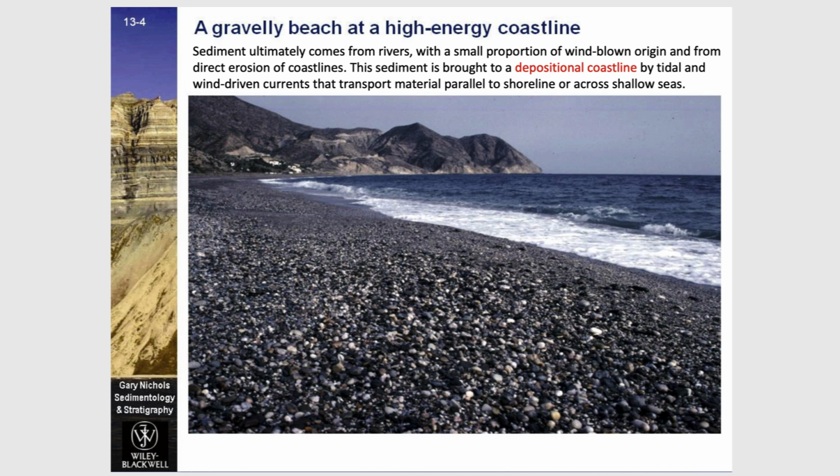So in a way, the action of the waves is acting in a similar fashion. It's selecting materials, so we get well sorted and mature sediments on the coastline in correspondence of the foreshore and also partly of the backshore environments.